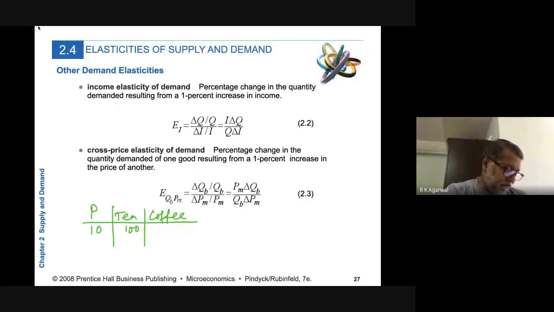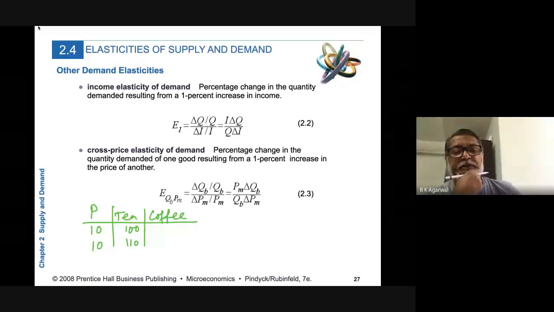The price of tea is still 10 rupees. But demand for tea goes up from 100 units to 110 units. What could this possibly be a result of? Why would the demand for tea go up even if the price of tea has remained the same?